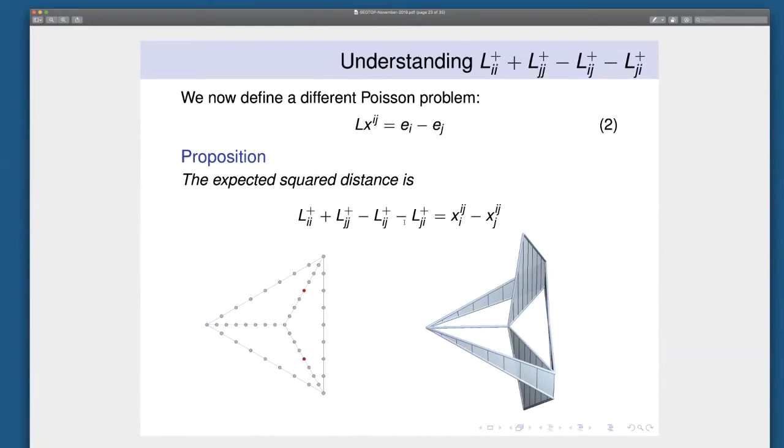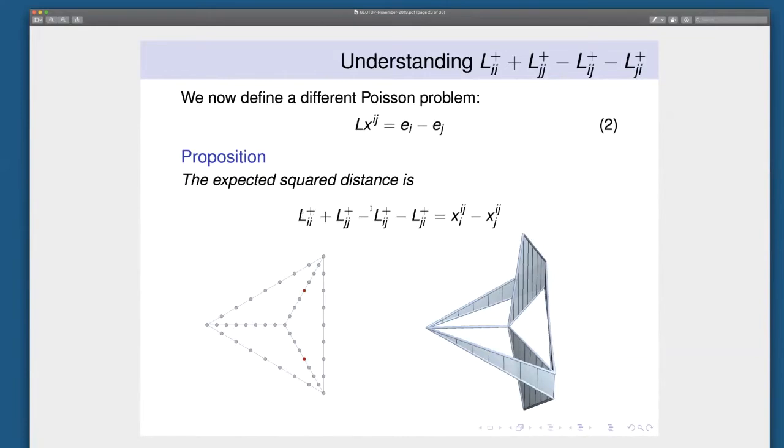Okay, now further, if you have a different Poisson problem, if I put a unit of positive divergence at one vertex at one location and a unit of the other sign of divergence at another location, then it turns out that the difference between the height of the solutions at these 2 points is exactly this magical looking quantity.